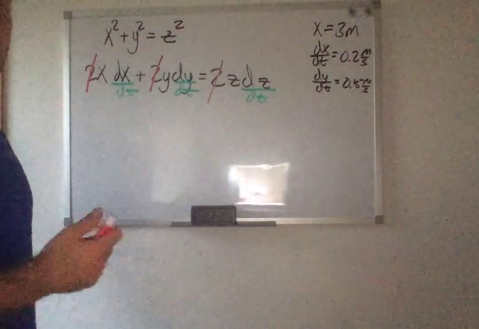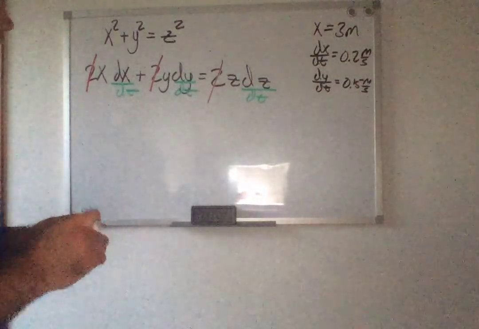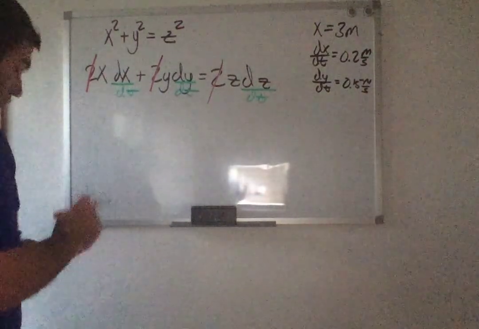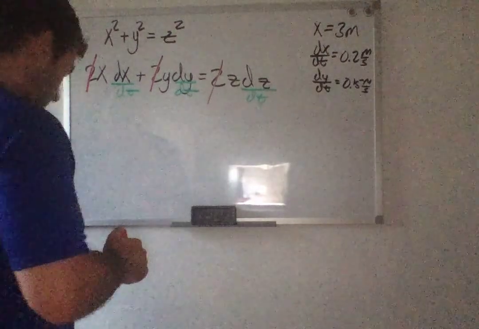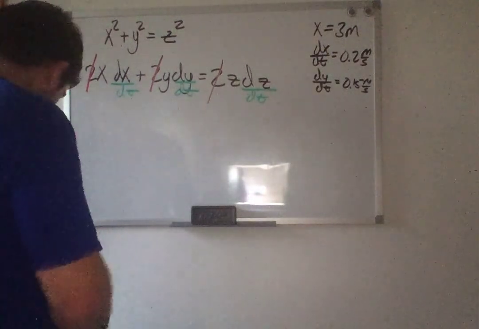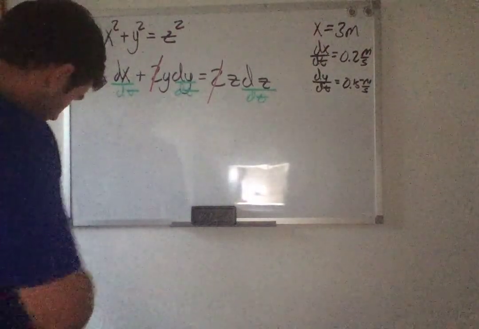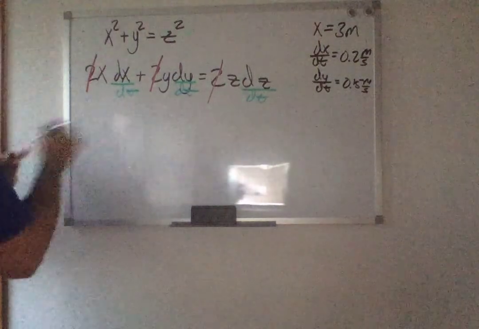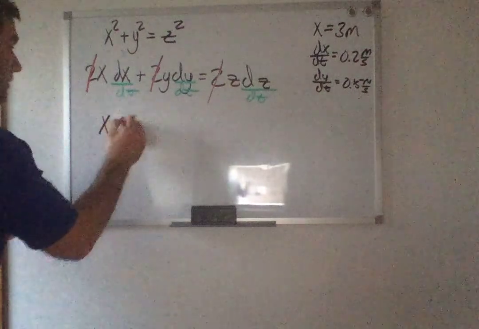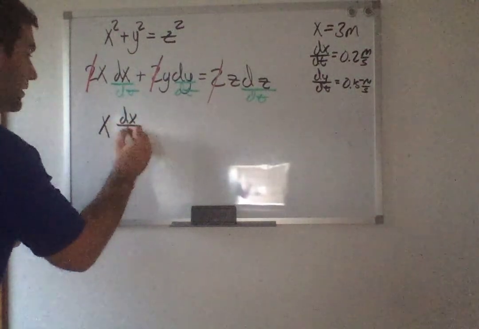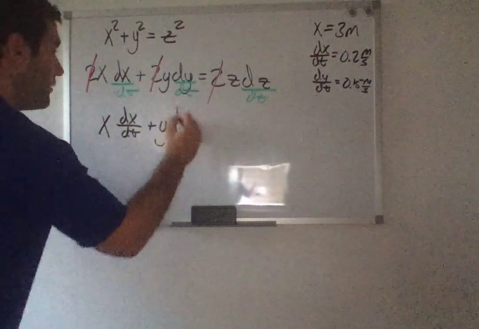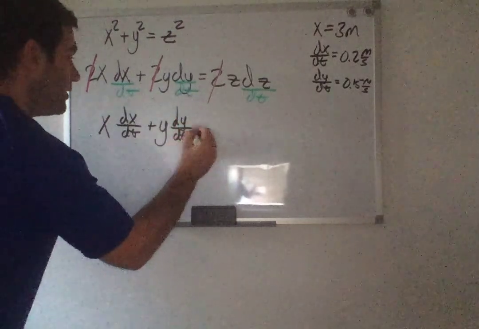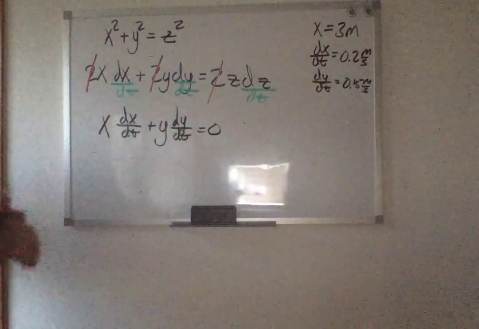So now I'm going to rewrite the resulting equation. Wrong color marker, I want black. There we go. We've got x dx/dt plus y dy/dt is equal to 0.